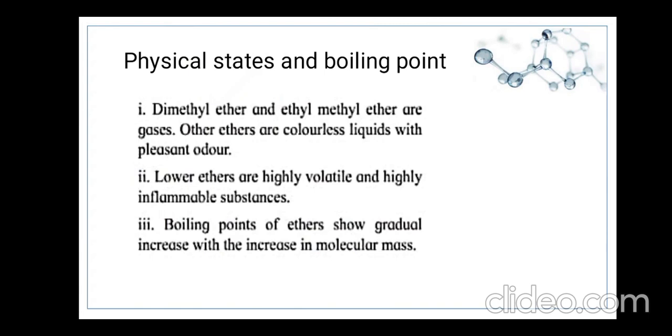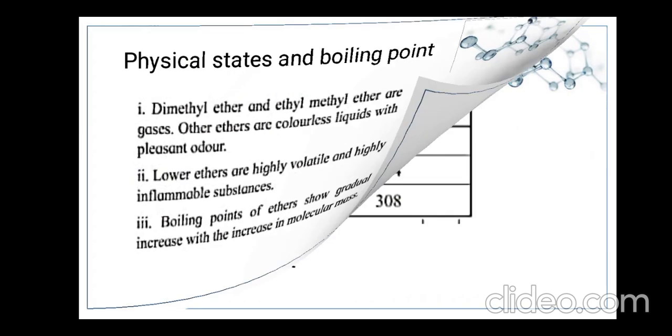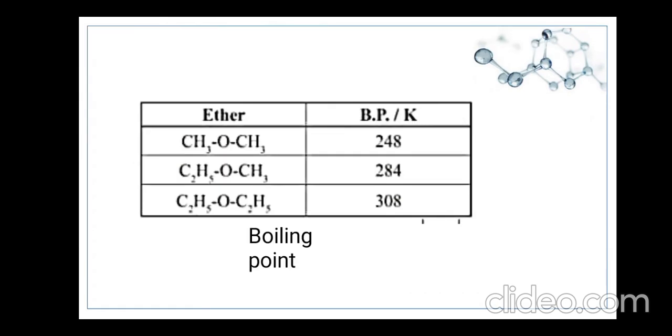So as the molecular mass goes on increasing, the boiling point of ether also gradually increases. Now students, in this table we can see the boiling points of some of the ethers. You can see that the boiling point goes on increasing, with the increase in the molecular mass.